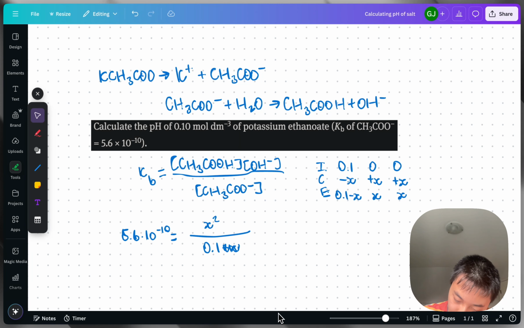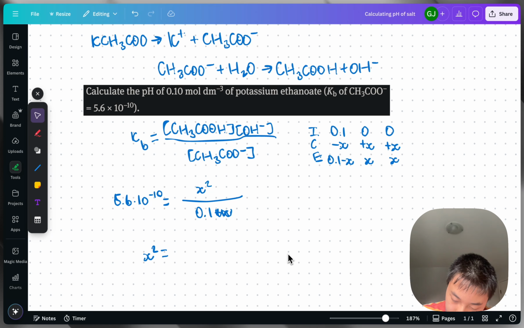So x squared would be 0.1 times 5.6 times 10 to the negative 10, which means x would be the square root of this.